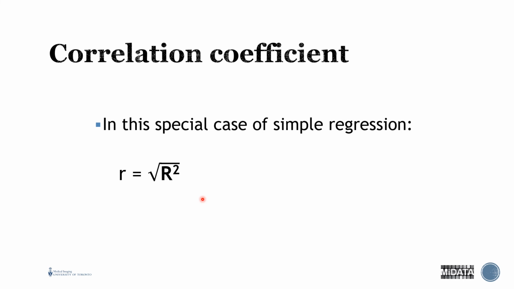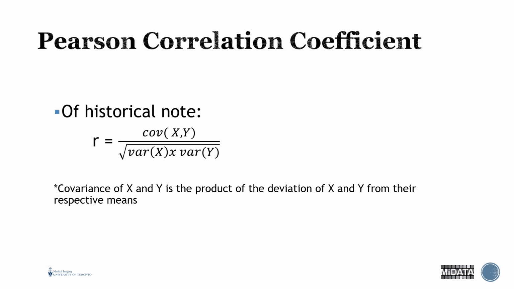And that's because it's equivalent to Pearson's correlation coefficient. Now you'll remember from previous lectures that the Pearson correlation coefficient, R, is equal to the covariance of x and y over the square root of the product of variance of x and y.